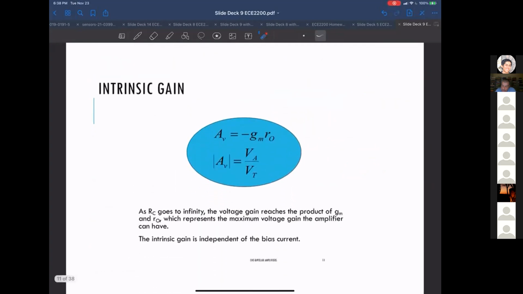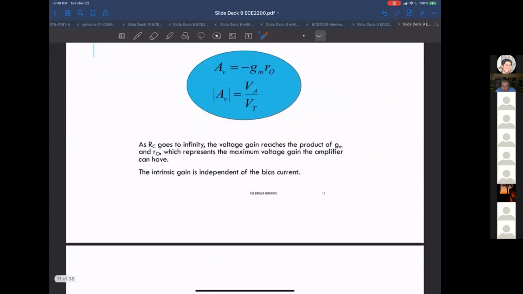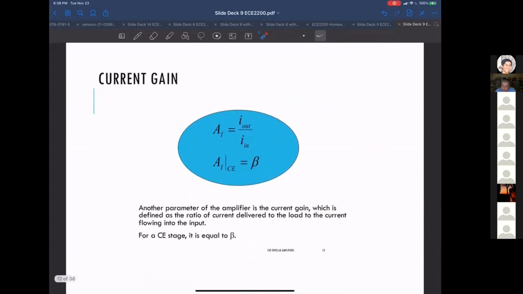Okay, and again, the book talks about intrinsic gain. I'm not sure that's important. The current gain, this to me goes without saying: we've got the output current over the input current, and by definition, I out is I sub C in this circuit, and I in is I sub B, and that ratio is beta.